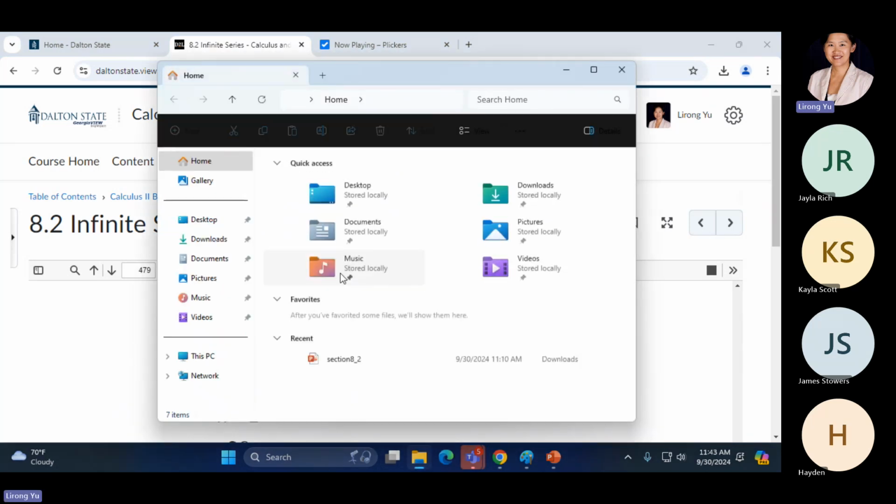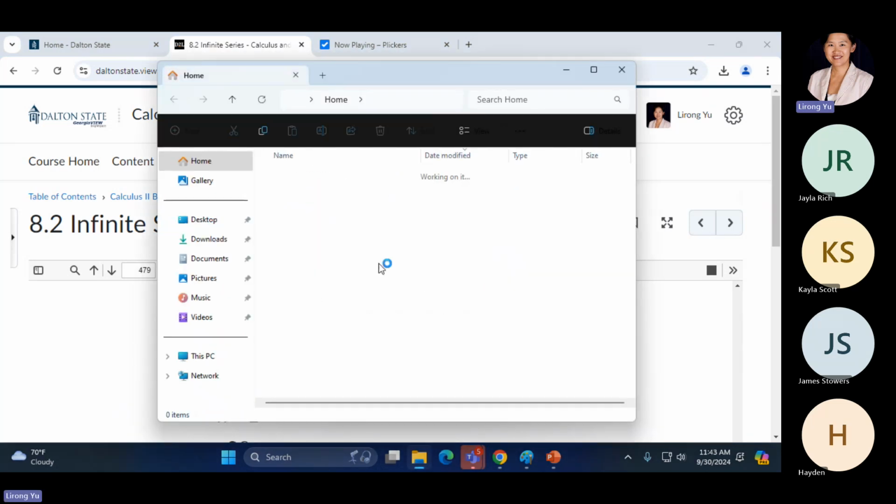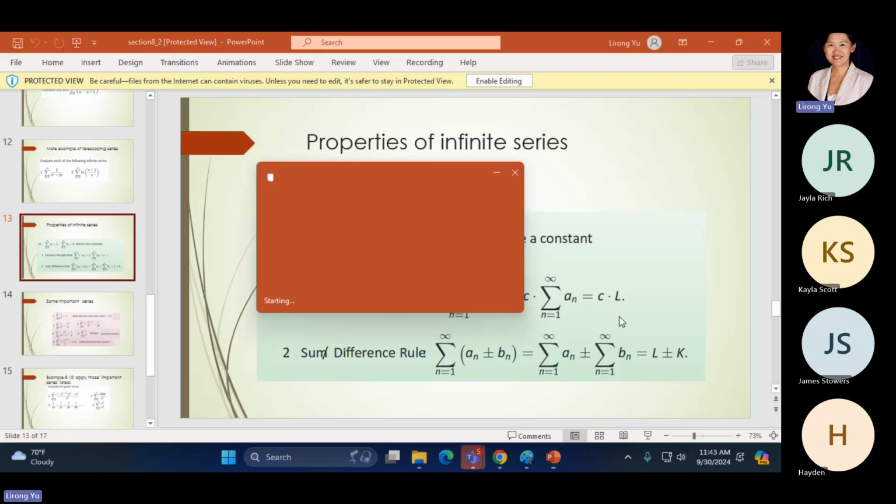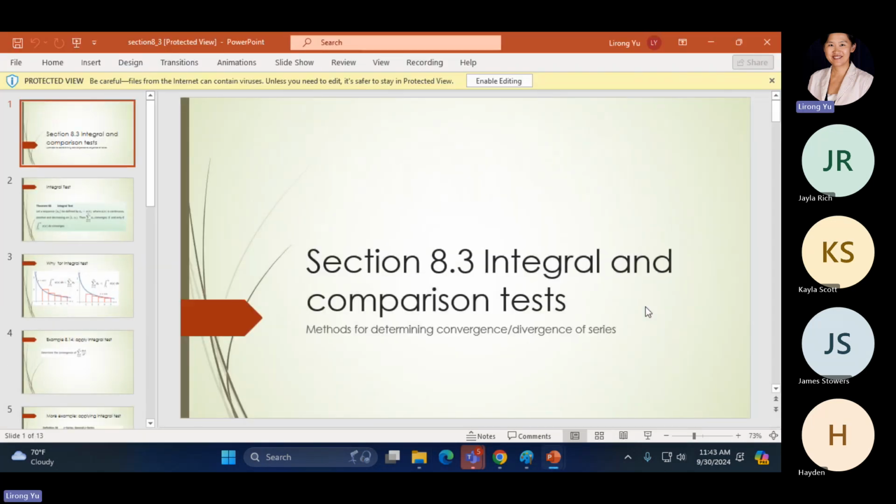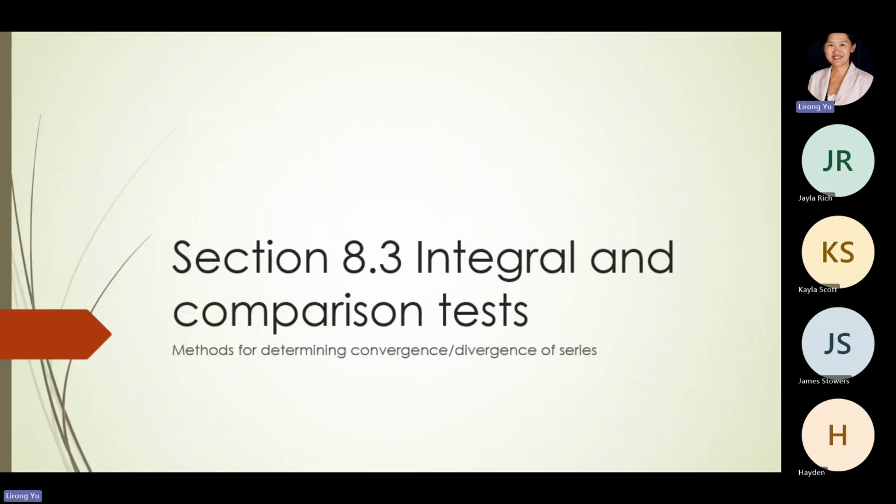So we're now going to start looking at individual types of series and how we figure out convergence or divergence with a more systematic method. Okay, 8.3 is called integral and comparison test. So we're actually applying a little bit of calculus now. As you remember, in sections 8.1 and 8.2, a lot of what we did was arithmetic with a little algebra.